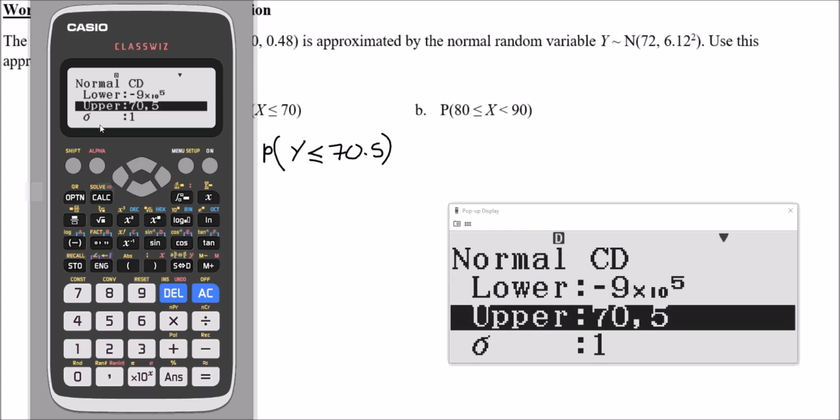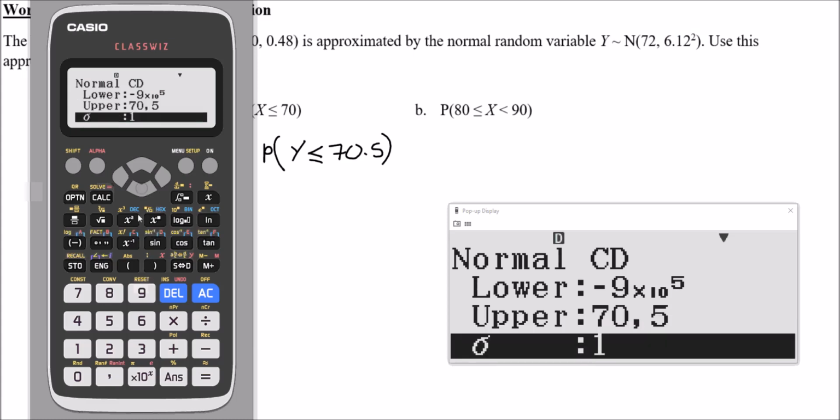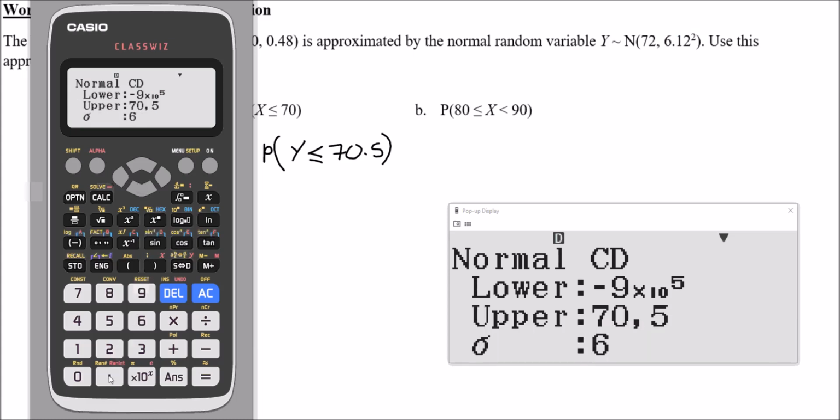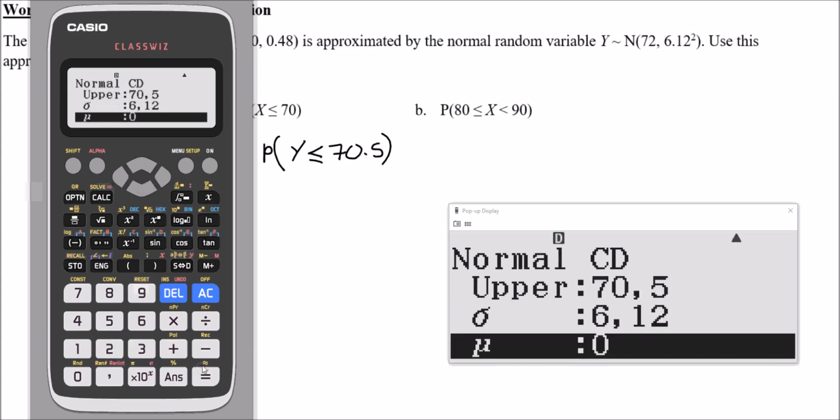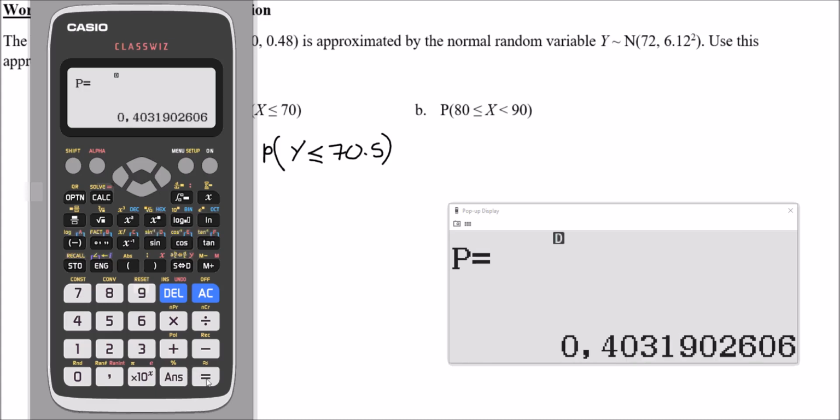Now the standard deviation for this one is 6.12, the variance is 6.12 squared, but the standard deviation is 6.12, and of course the mean is 72. So press equals and equals again, and then we see that this approximates to a probability of approximately 0.4032.